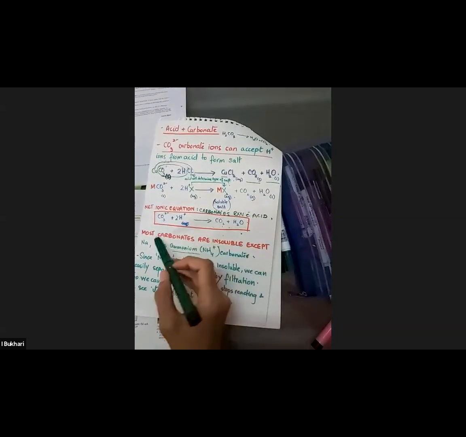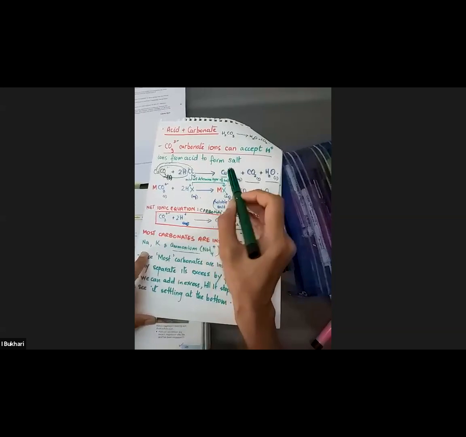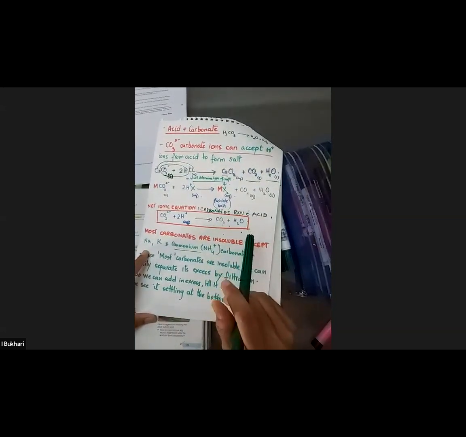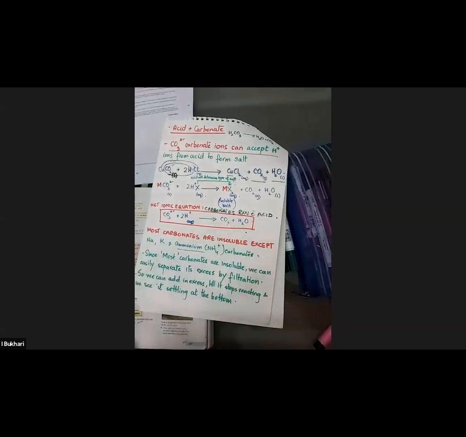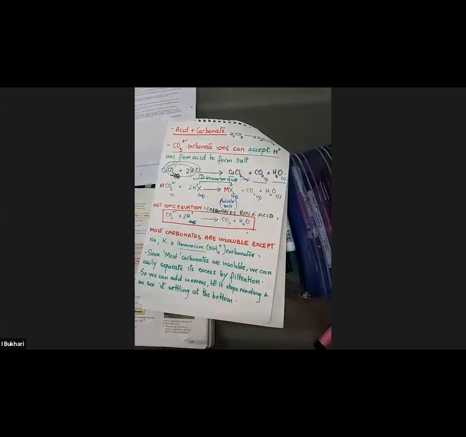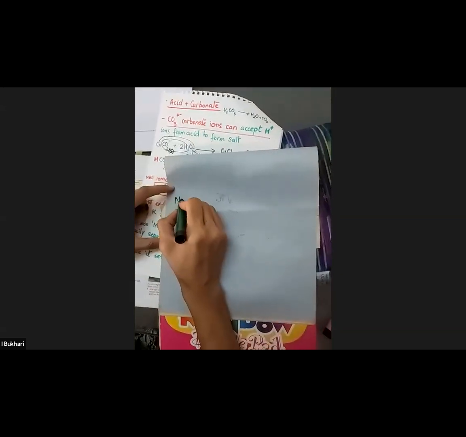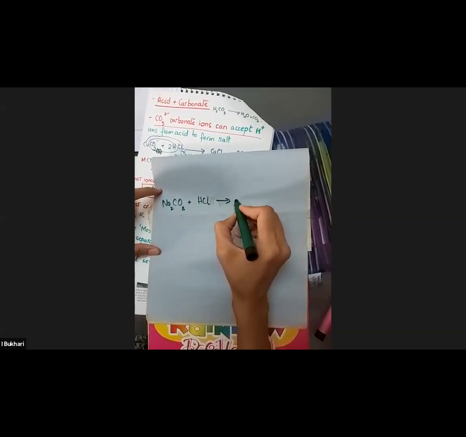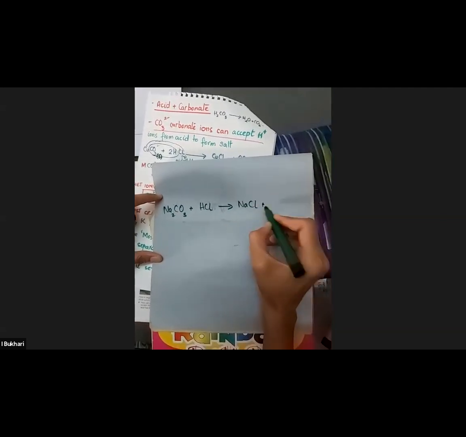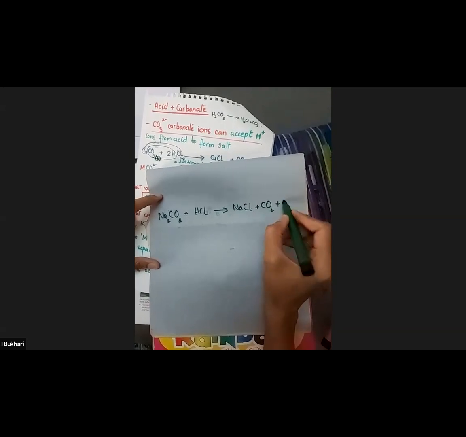I mean, if you're using sodium carbonate, the salt you'll get would be sodium chloride instead of copper chloride. So then what would you do instead? Let me write that equation down. If, for example, I'm using sodium carbonate with hydrochloric acid, I should get sodium chloride plus carbon dioxide plus water.